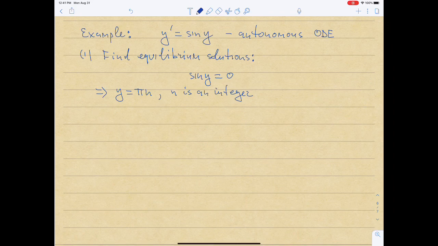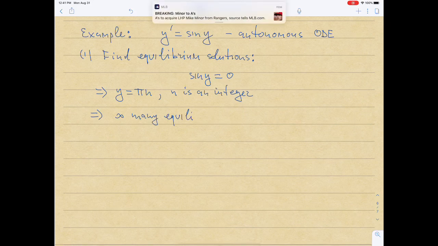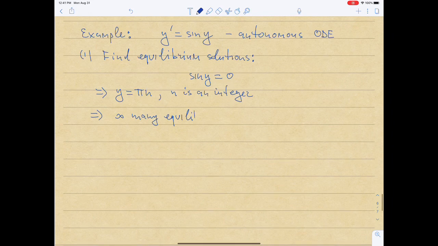And so the conclusion from this is that we have infinitely many equilibrium solutions.